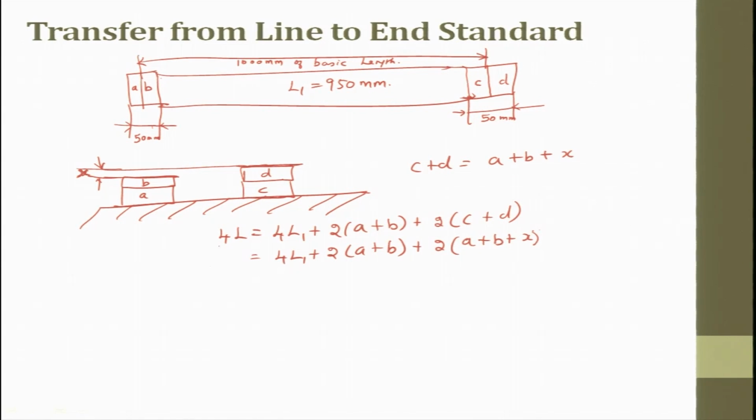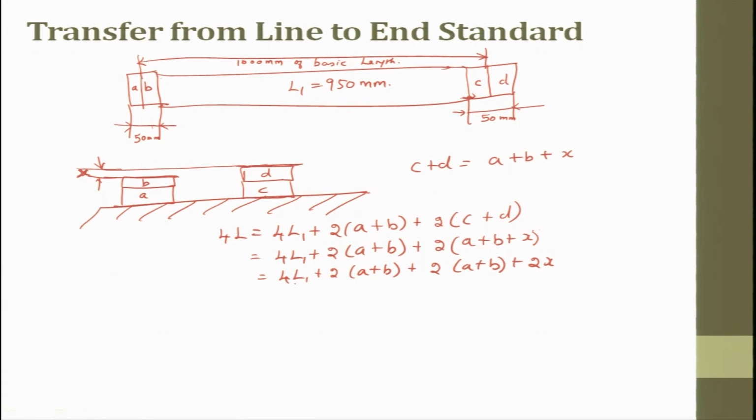So now if you try to do it, it will be 4 times L1 plus 2 times A plus B plus 2 times A plus B plus 2x. What is this x? x is the small error we had.